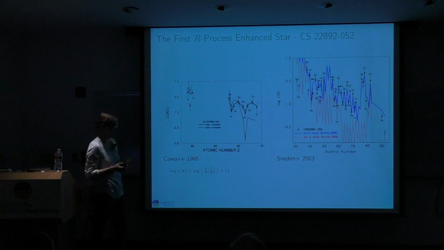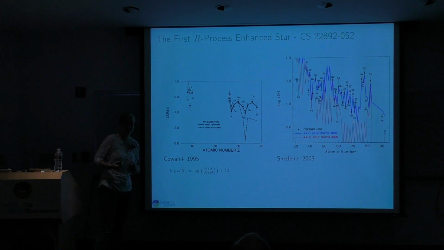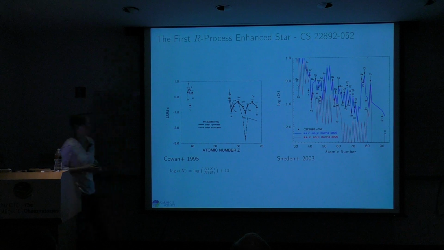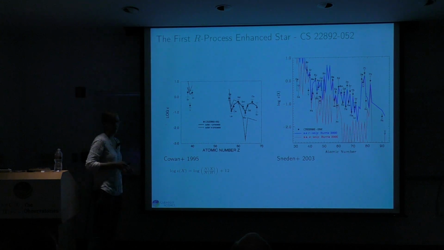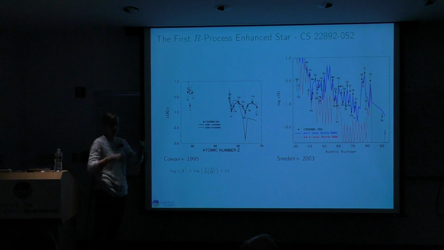Basically what people do is that since we have a very good idea about the S process, they calculate what the S process produced in the sun, and then they subtract that from the solar abundances. So the R process abundances are basically just what's left over when you've removed the S process, which is a little bit tricky. Usually we scale the star to the sun, so yeah, it's scaled.